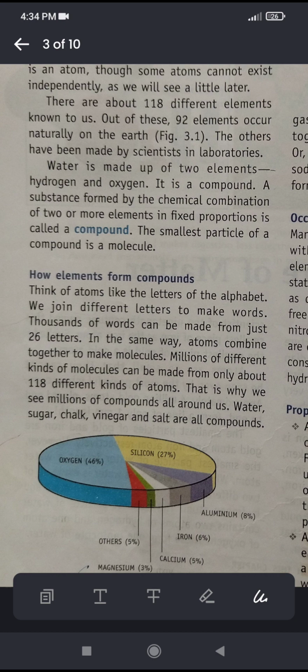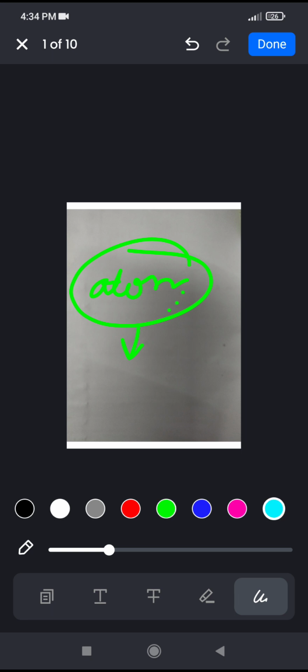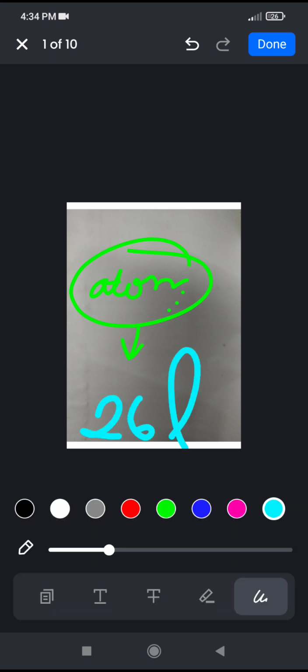Thousands of words can be made from just 26 letters. There are so many words like at, etc., and all of these are made from just 26 letters.